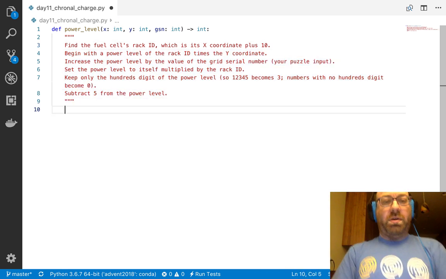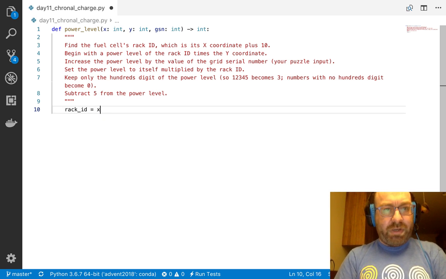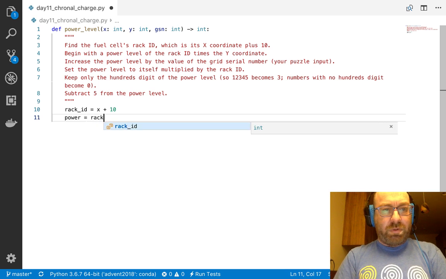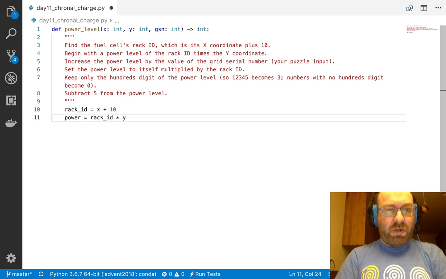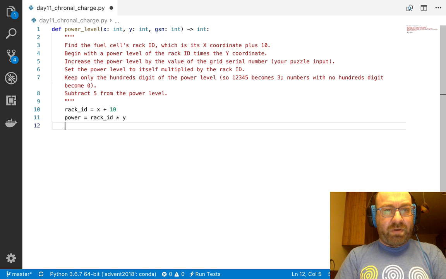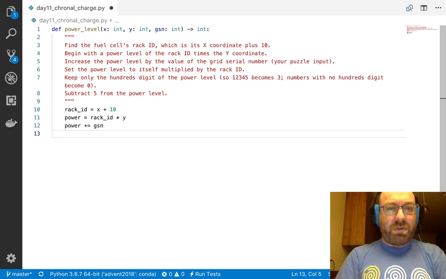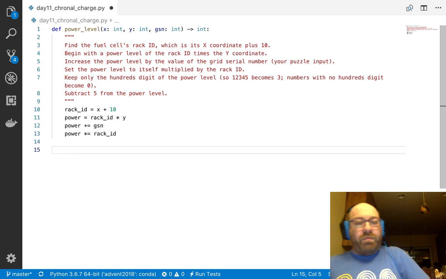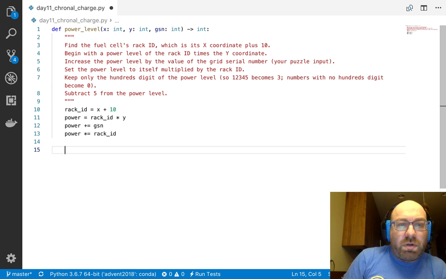So let's say rack ID equals x plus 10, power equals rack ID times y, increase power level by the value of the grid serial number, power plus equals GSN, set the power level to itself multiplied by the rack ID, so power times equals rack ID, keep only the hundreds digit of the power level.